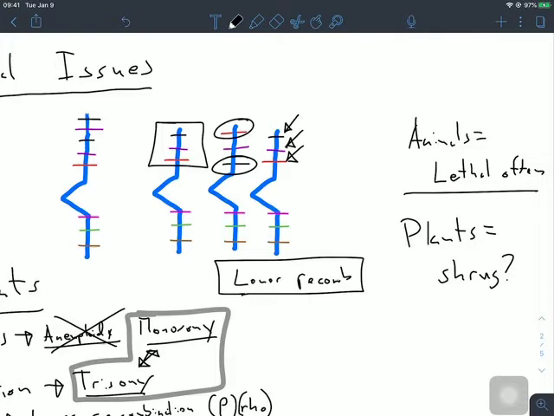In fact, whole genome duplications are a feature, a regular occurrence in the plant phylogenetic tree. You see this happening tons of different times when you're looking at the plant phylogenetic tree.